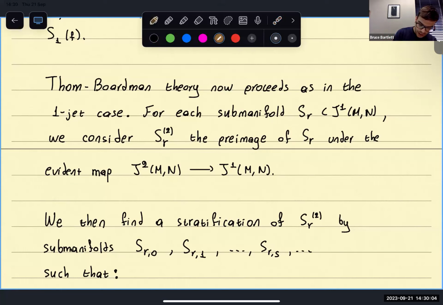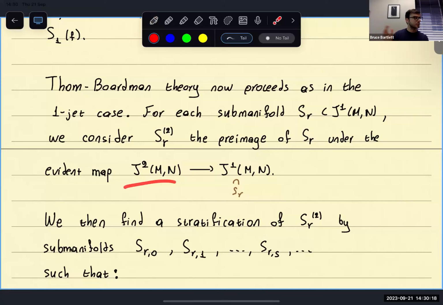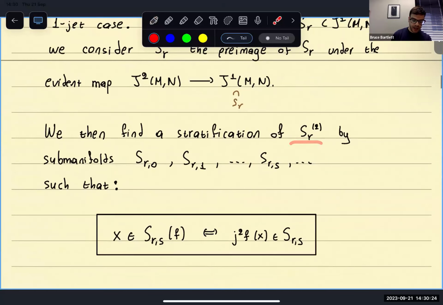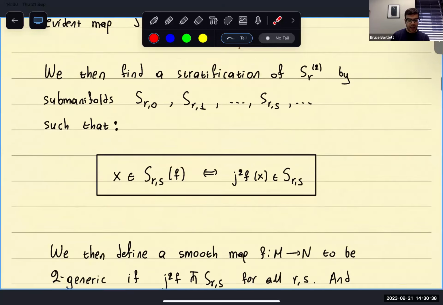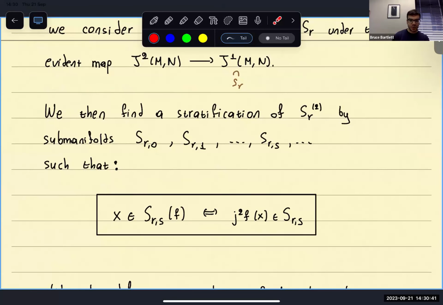The S_r live here, and I just want to take the preimage in the second jet space. And this thing is what we will now stratify. We will introduce submanifolds of this thing, which we call S_{r,0}, S_{r,1}, ..., S_{r,s}. And the guiding principle is that we want this condition to be satisfied.